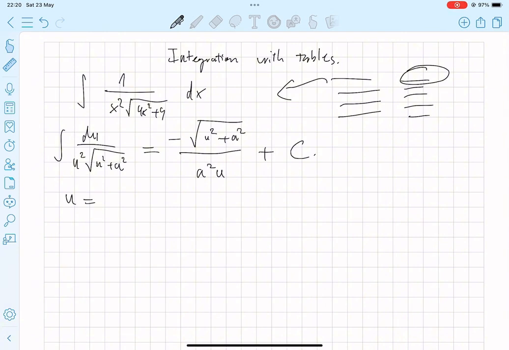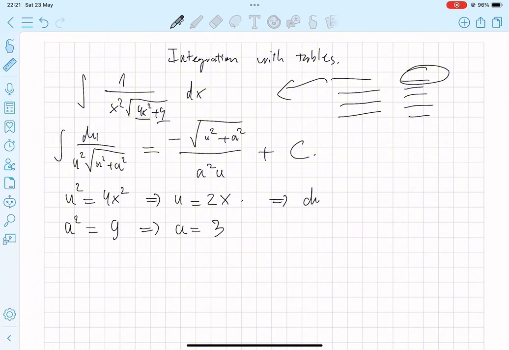On this problem I will let u squared equal 4x squared, and therefore u equals 2x, and you do the same with a. So a squared equals 9, and so a equals 3. Now you have set up the things and are ready to evaluate the integral.